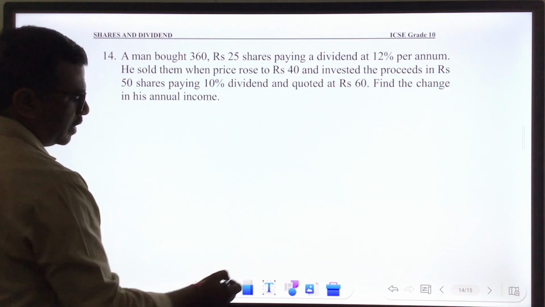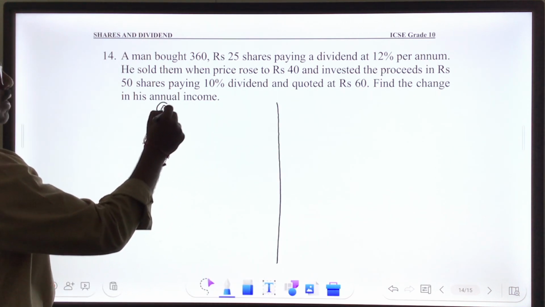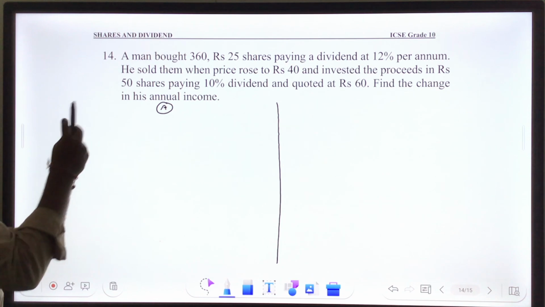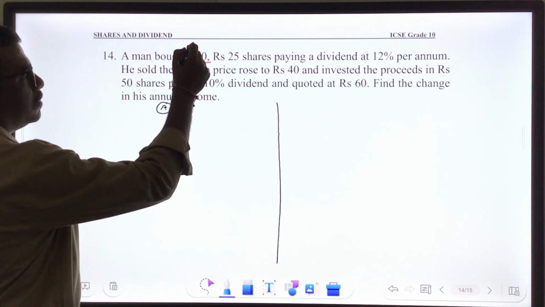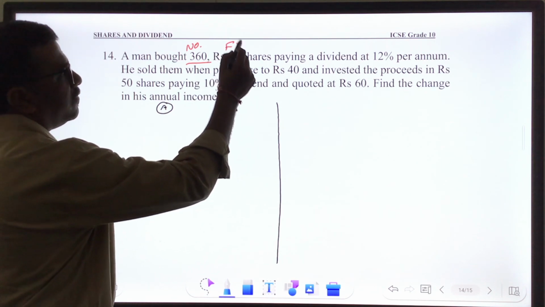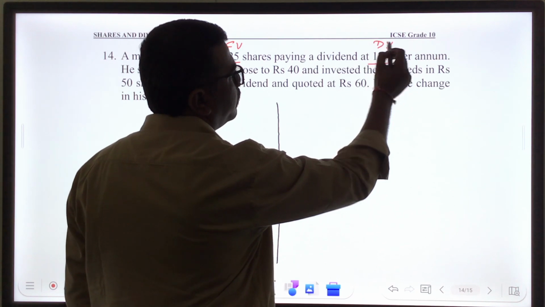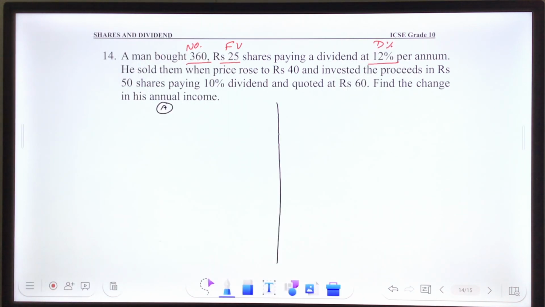So again here we are given for company A, number of shares is 360, face value is 25, company is paying 12% dividend.